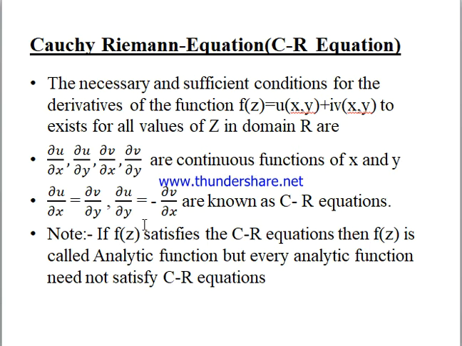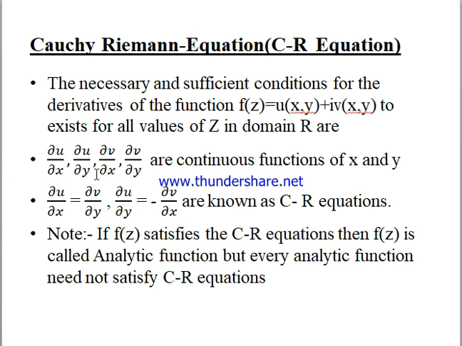And we have two equations: dou u by dou x = dou v by dou y, and dou u by dou y = minus dou v by dou x, known as the CR equations.